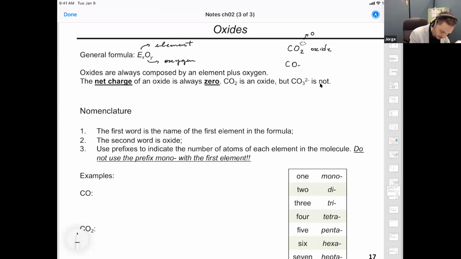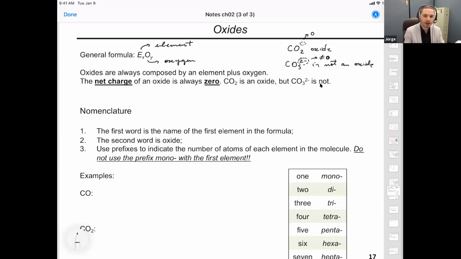However, CO3 2 minus is not an oxide because the net charge is different from zero. Okay, so pay attention to that, especially at the end of the week, because I will show you a lot of compounds and you have to be able to recognize when you have an oxide and when it is not an oxide.